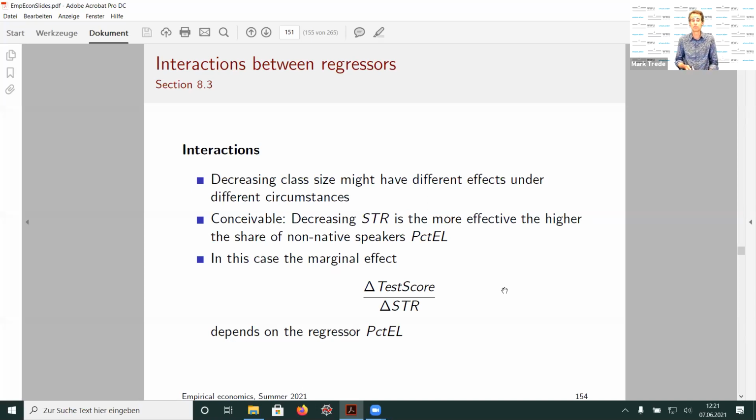So that's a conceivable assumption. It might be the case that if we decrease the class size, that is much more effective, meaning it has a higher marginal effect in districts where the share of non-native speakers, the percentage of English learners, is high, because those students need more attention by their teachers than students that speak English better because it's their native language. Okay?